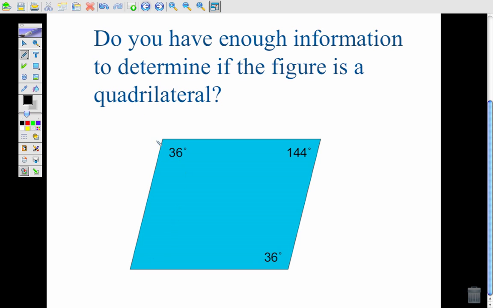Okay, so do we have enough information here to determine if this figure is not just a quadrilateral? We know it's a quadrilateral, it has 4 sides, but also a parallelogram. Sorry about that. Okay, so we look at the angles, that's the only information we know, and we know that the angles need to be supplementary if they're consecutive.